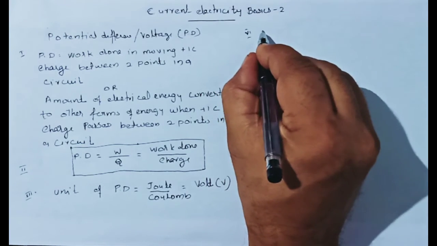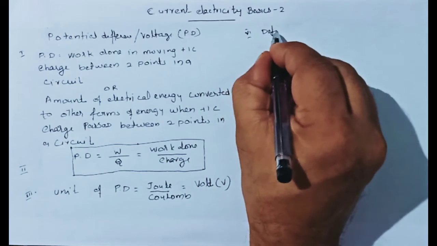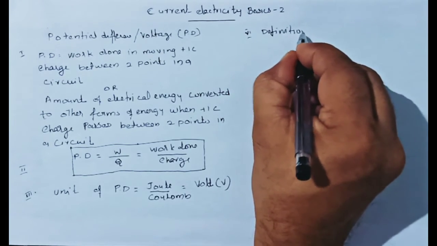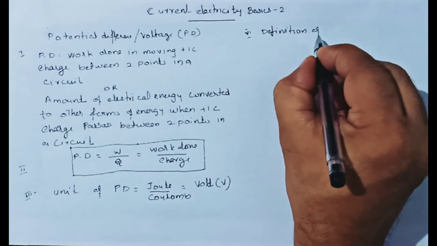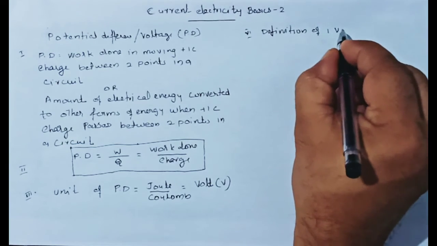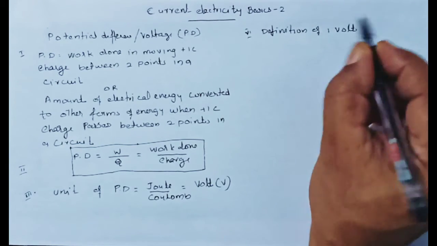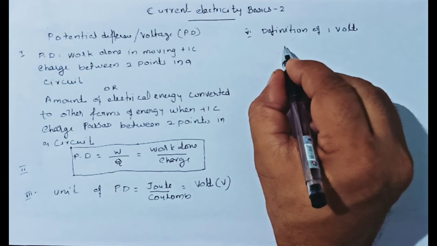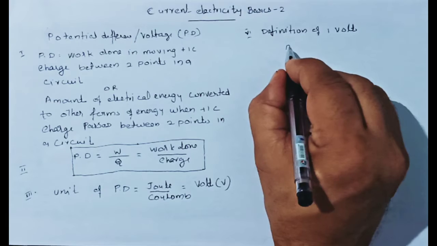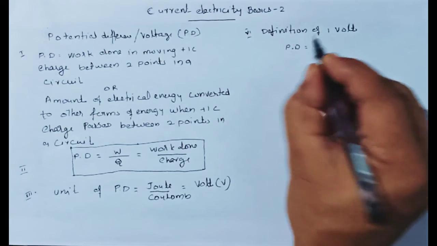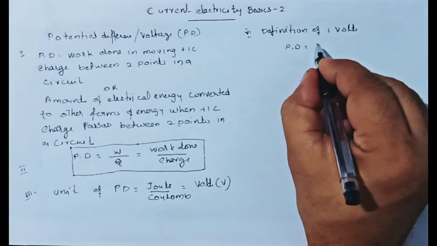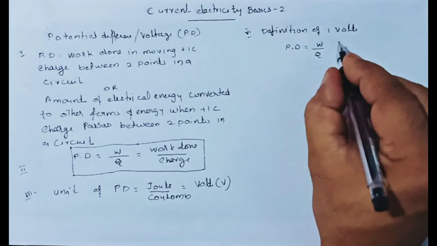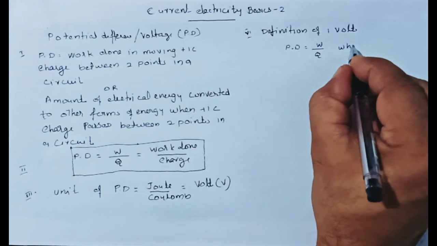Now, how much will be 1 volt potential difference? We can define 1 volt to get an idea how big or small the potential difference is when we talk about 1 volt. We have the relationship potential difference is equal to W upon Q. Suppose W is 1 joule and Q is equal to 1 coulomb.